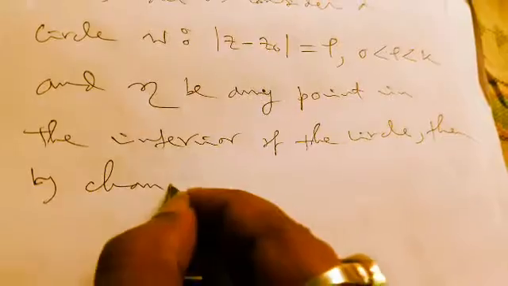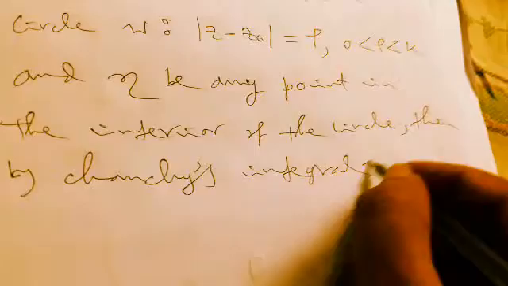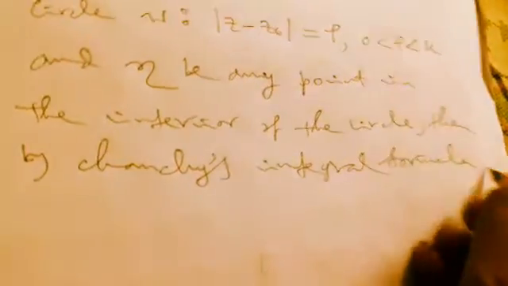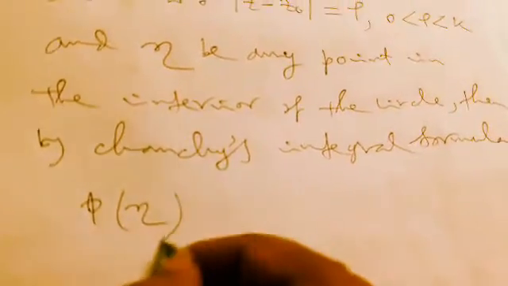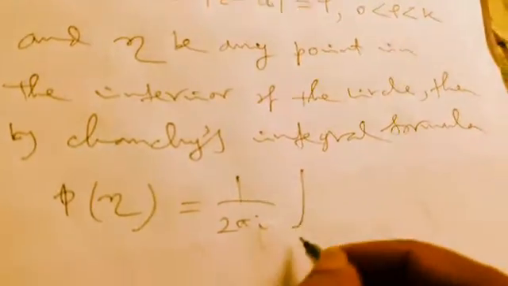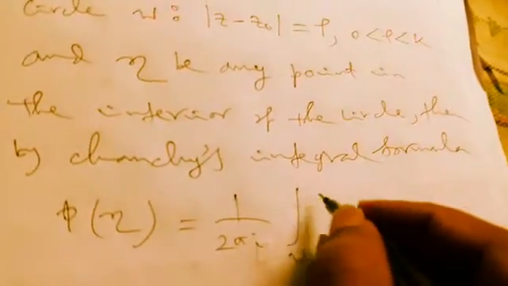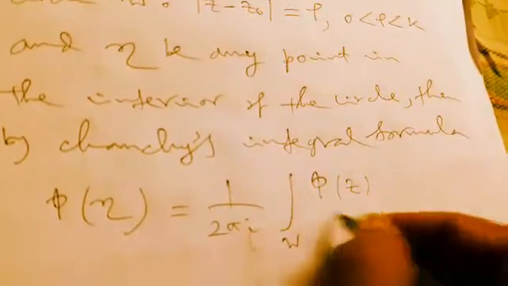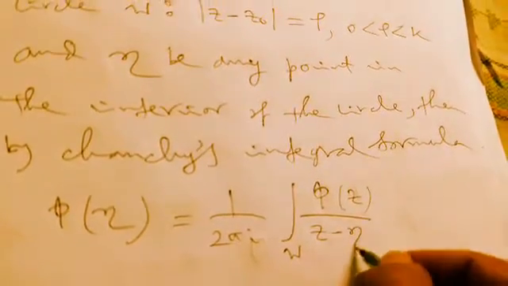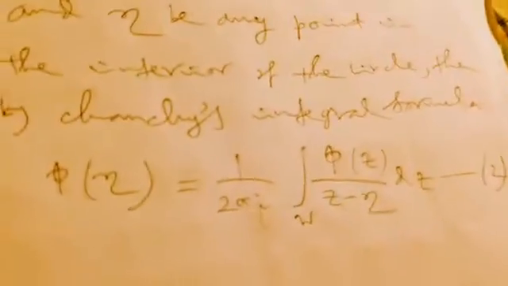Then by Cauchy's integral formula, phi of eta is 1 by twice pi i integral over the curve omega of phi of z by z minus eta dz, taking it as equation number 2.